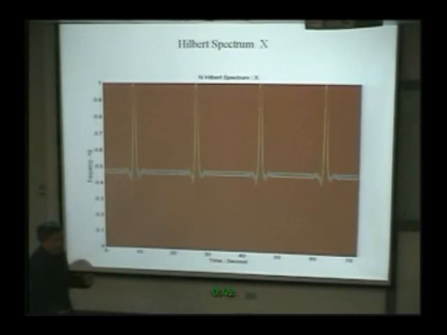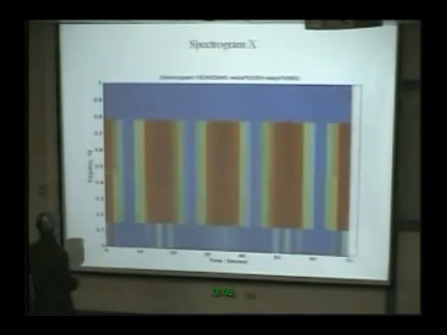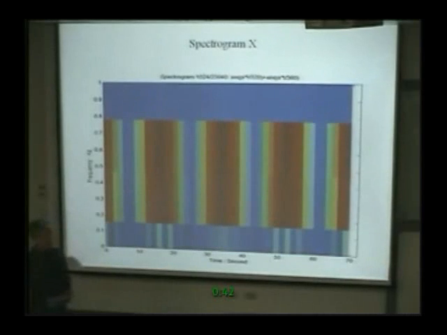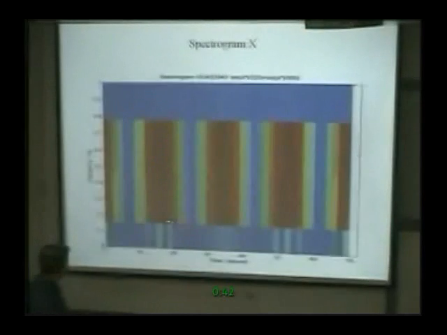You may ask, a beat should be just a beat. How come you have locally high frequency? And if we calculate from short-time Fourier, what do we get? We get a very broad frequency band, and we also get this higher frequency value.